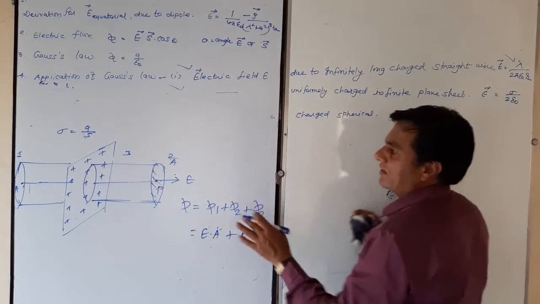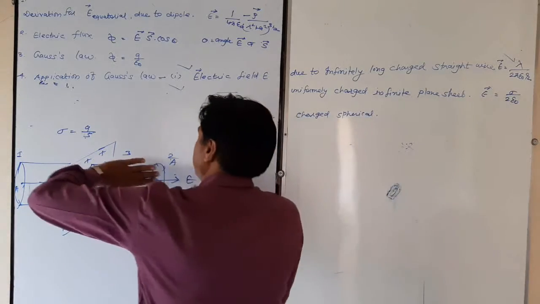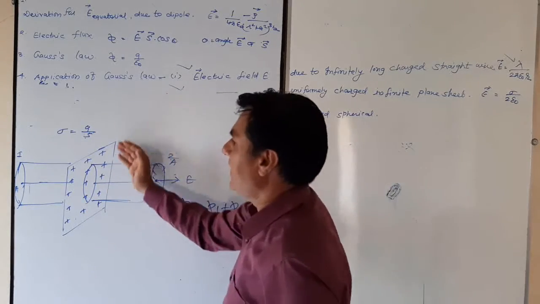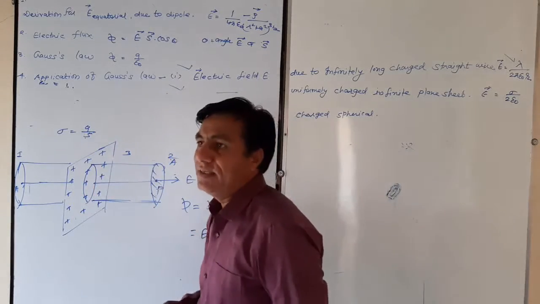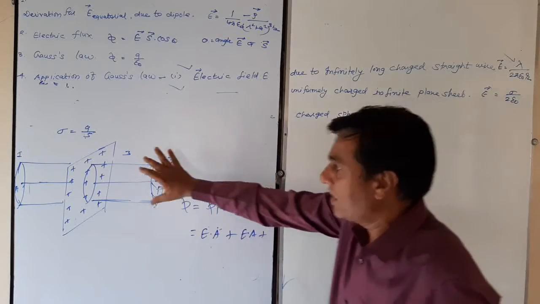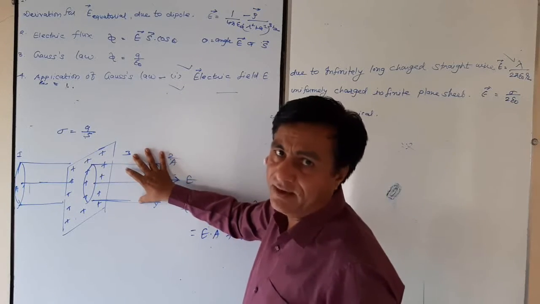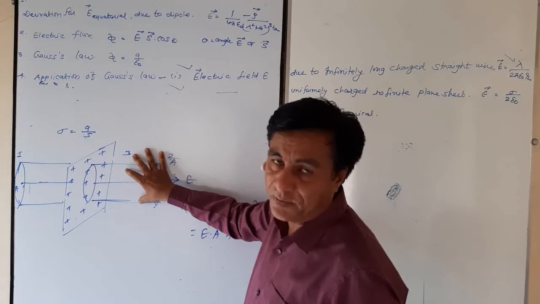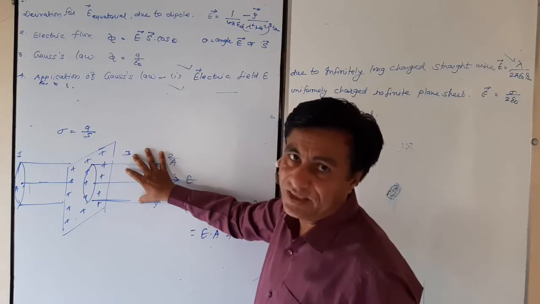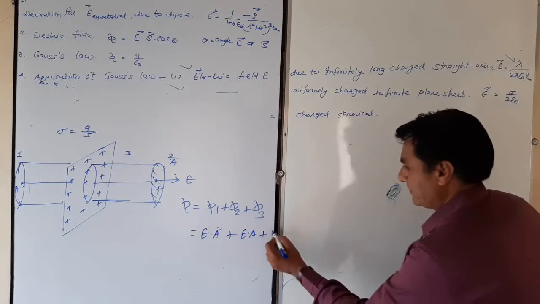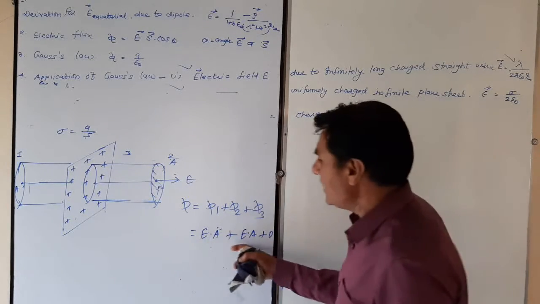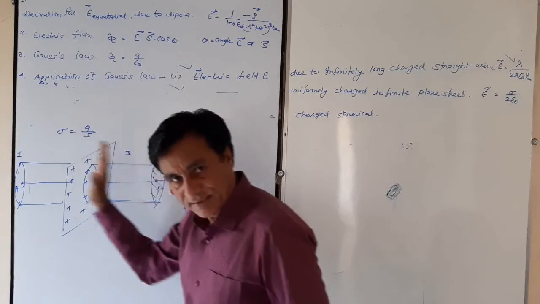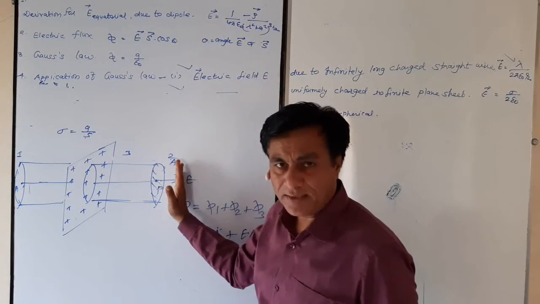But phi 3: the electric field and surface direction at any point is radially outward, meaning at every point of that curved surface, the angle between the electric field and the normal to the surface is perpendicular, meaning phi 3 is 0. So EA and EA, total flux is double EA.